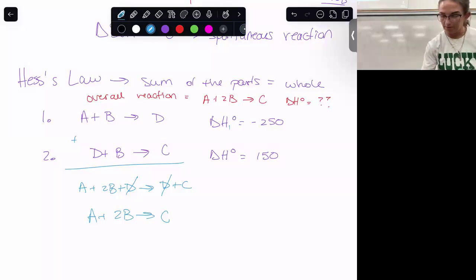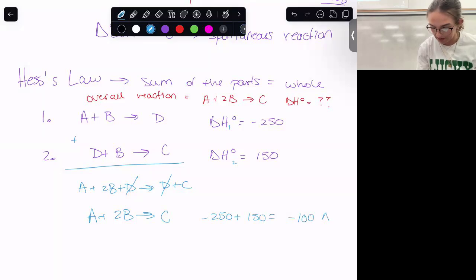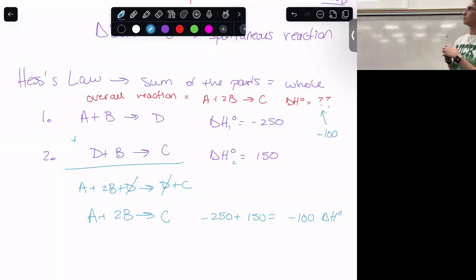You can just add them. So I can take negative 250 plus 150, and I get negative 100 as my delta H. Any questions on this example?